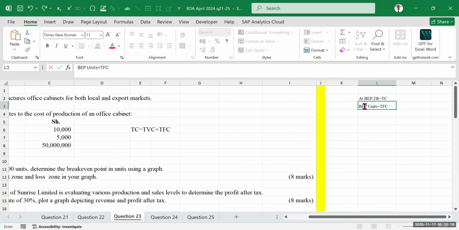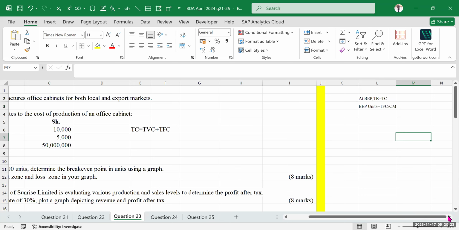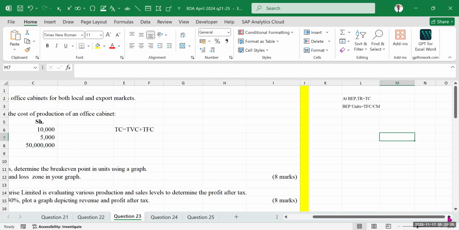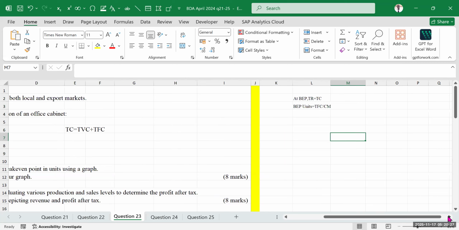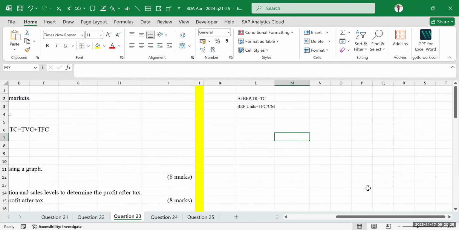So you need to ask yourself, do you know how to get contribution margin itself? And again, do you know what it means? And do you know the difference between contribution margin and contribution margin ratio? Very simple concepts which we have discussed. All I ask of you is to make sure you remember those concepts.